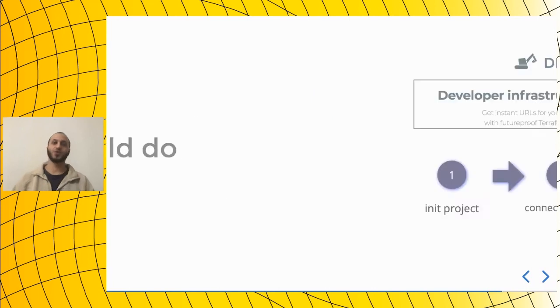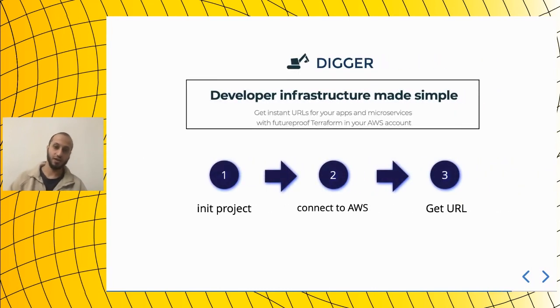So this tool is called Digger, and it essentially gives you the power of AWS, but the ease of use of Heroku and Netlify. To get started, all you have to do is initialize a project, connect your AWS account, and boom, you get the URL for your service.